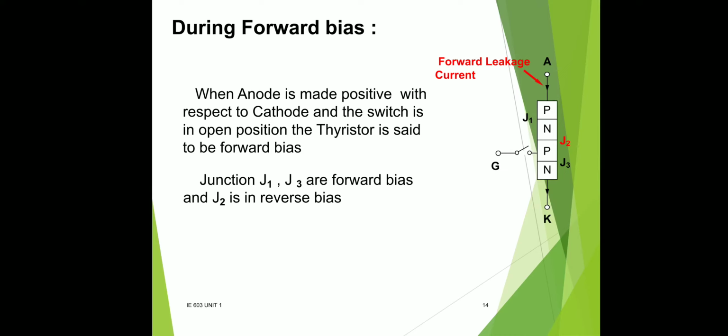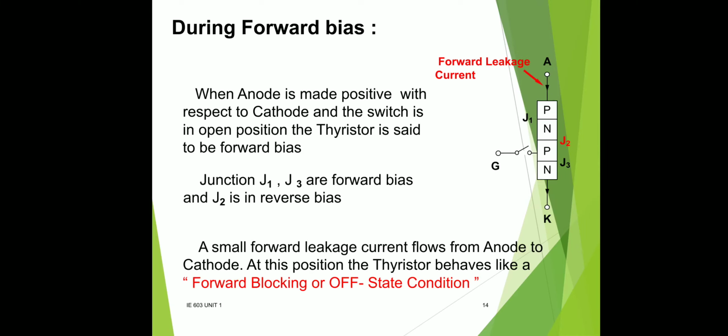J1 is forward biased, J3 is forward biased and J2 is reverse biased with gate open. This condition is called forward blocking or off-state condition. That means when the anode is made positive with respect to the cathode, a small forward leakage current flows from anode to cathode.